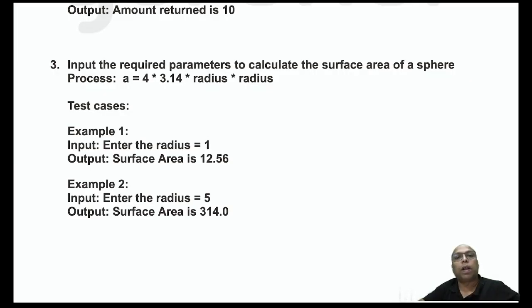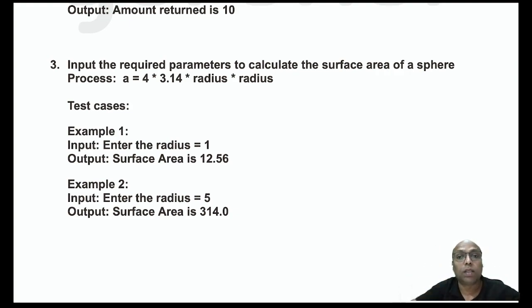Input the required parameters to calculate the surface area of a sphere. The process is given to you. Again, we break down into three steps. What is the input? What is the process? What is the output?